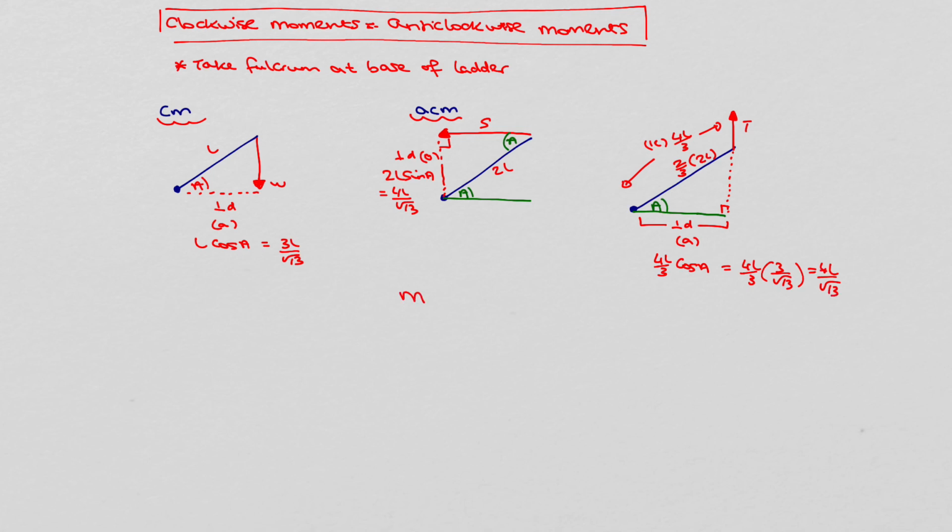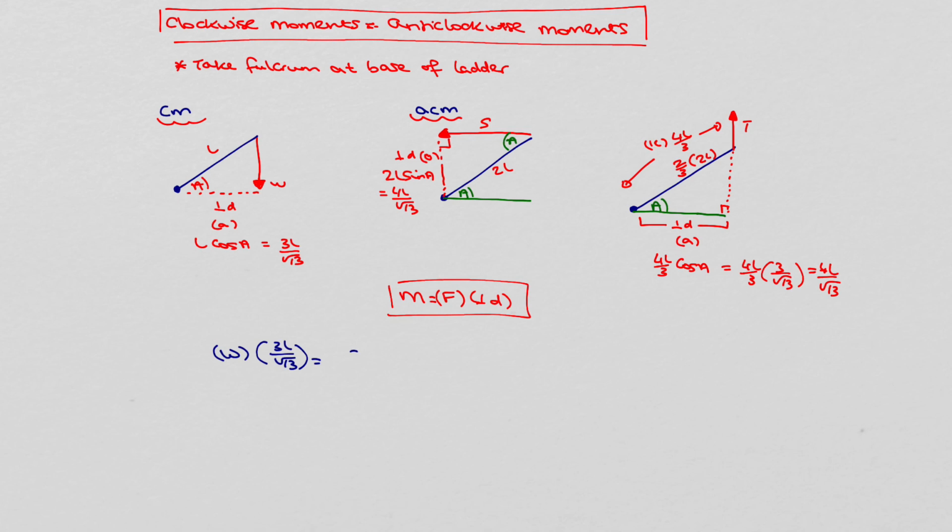So again, remembering our moment is our force by our perpendicular distance. And therefore we have our clockwise moment as force is W. Perpendicular distance we've established is 3L over root 13. And that must equal the sum of the anticlockwise moments.